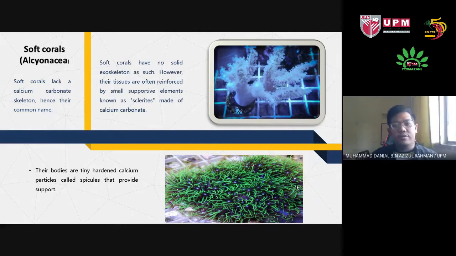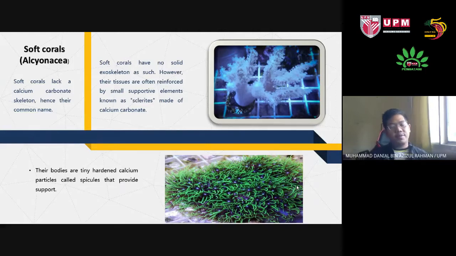That is a coral reef. There are only two types, stony and soft. Soft corals are from the order Alcyonacea. Soft corals lack calcium carbonate, so they are not hard like stony coral. They do not have a calcium carbonate skeleton.